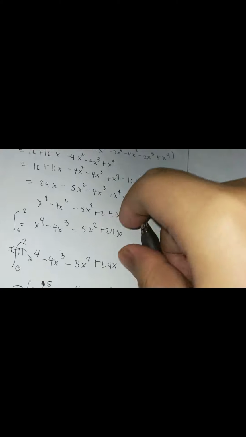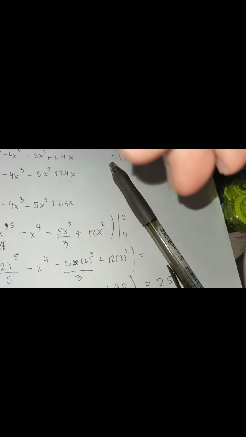Oh, there's a mistake here. It should be outside. Pi times the integral of x to the 4th power minus 4x cubed minus 5x squared plus 24x. Then we integrate it.